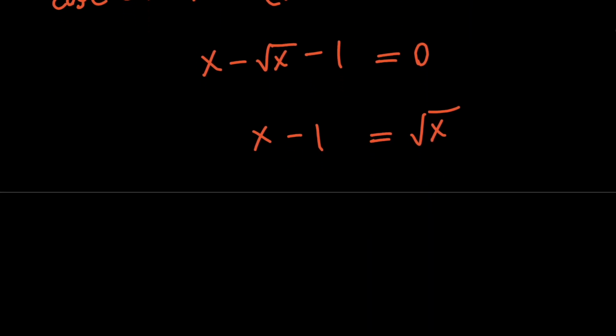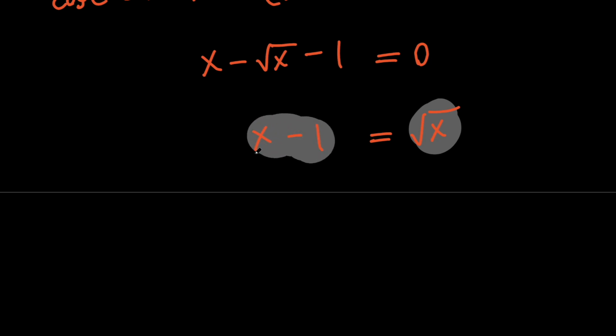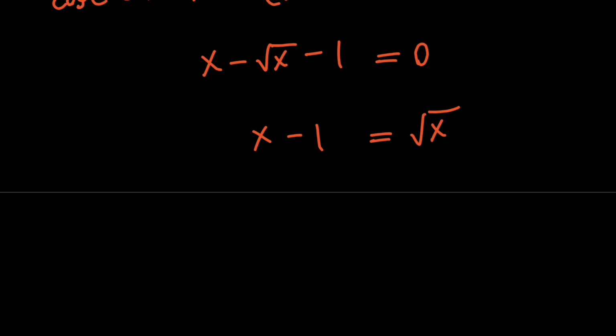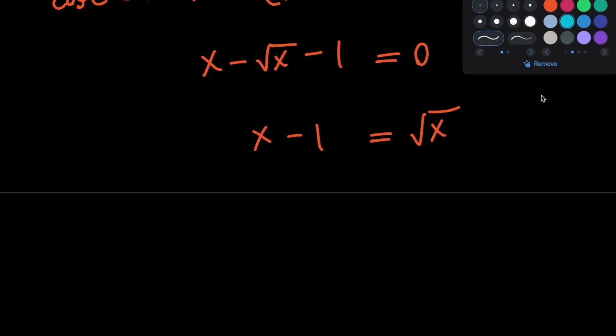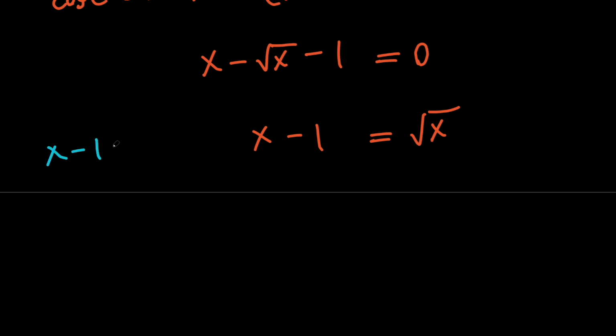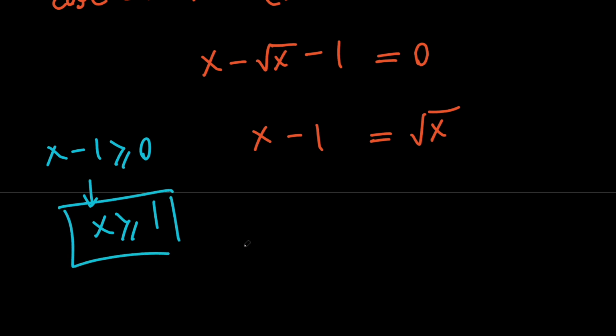And now, notice that the right-hand side is non-negative. Therefore, the left-hand side must be non-negative as well. So I can go ahead and say that x minus 1 is non-negative, which means that x is greater than or equal to 1. So this is our second condition for our second case, and we need to keep that in mind.